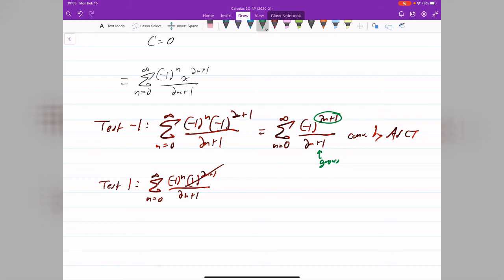As n increases, it's going to go positive, negative. So I could say this also converges by alternating series convergence test. So the interval is x is contained within negative 1 to 1. Sorry, this tip is coming apart. And that's it.